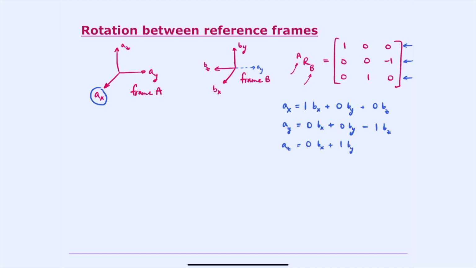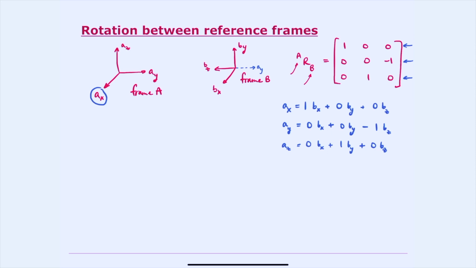Hence, AY equals negative BZ. And finally, for the third row, AZ equals 0 BX plus 1 BY plus 0 BZ. Is that true? Yes, indeed. AZ is pointed in the same direction as BY. So that's what's encoded in the rows of the rotation matrix.